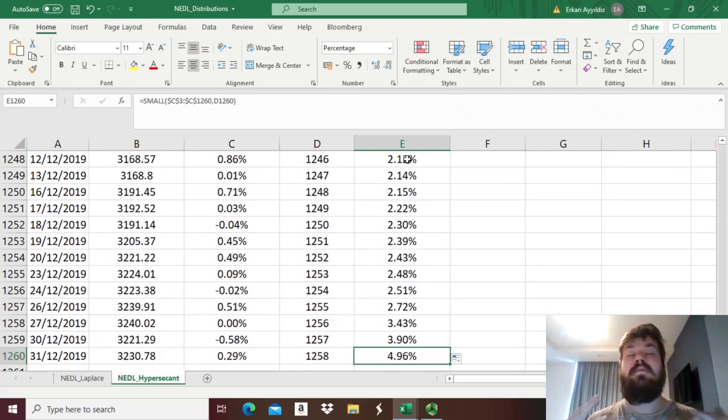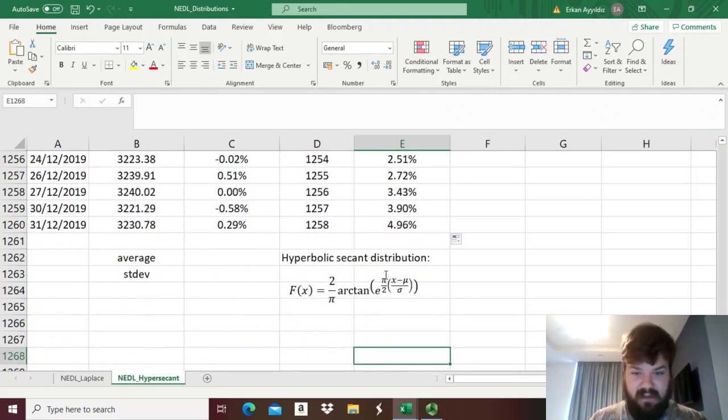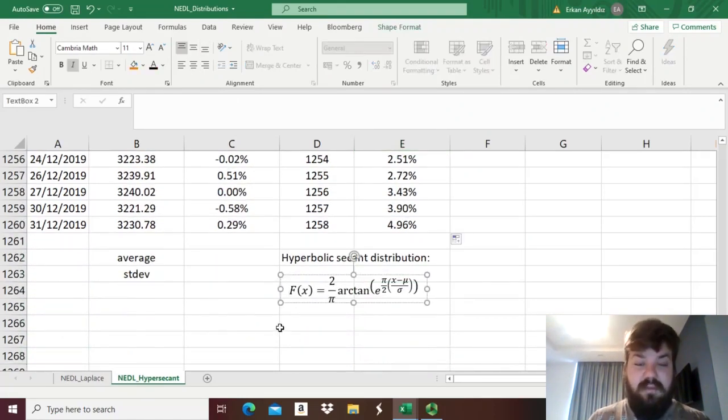Now, we can figure out the parameters of our hyperbolic secant distribution and what is the logic mathematically of this function. So here is the cumulative distribution function, expressed mathematically.